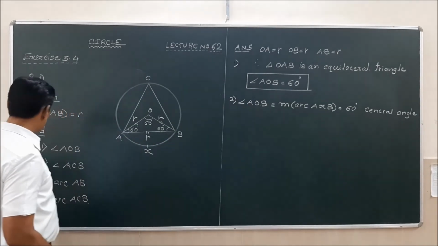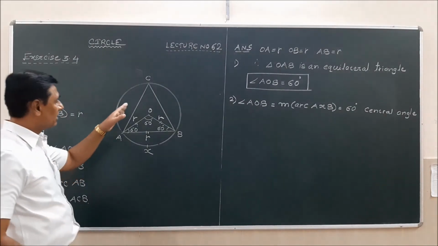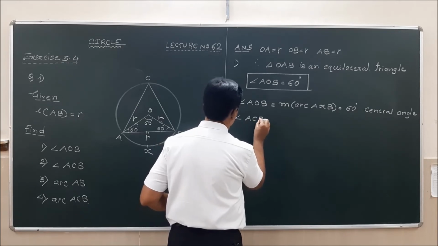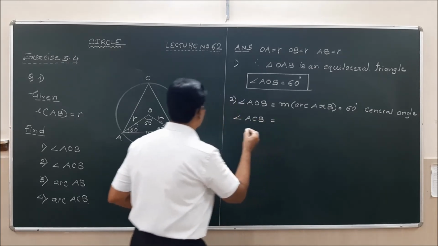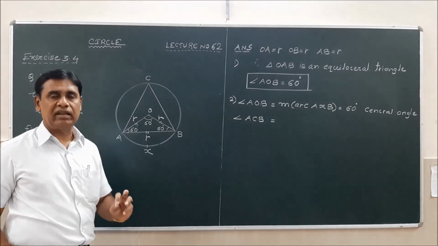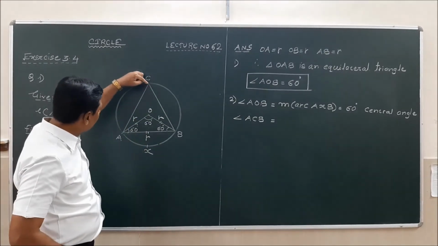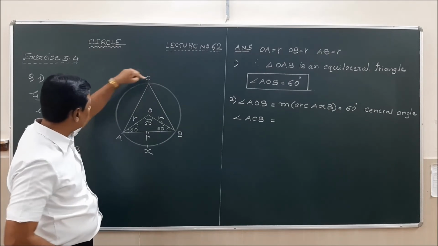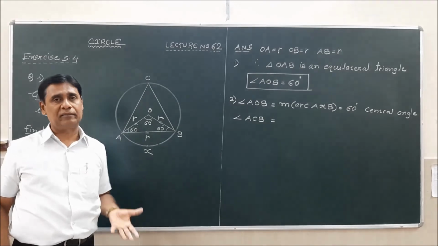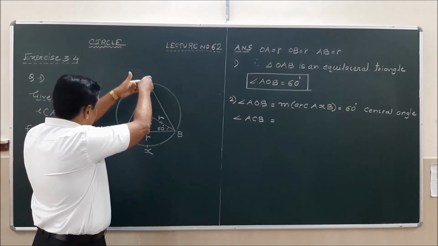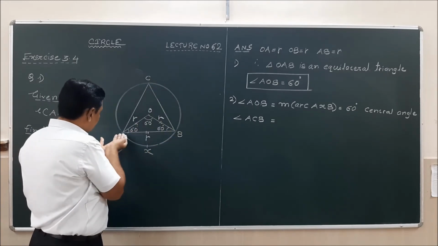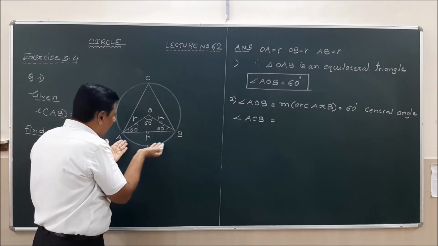Now what is the next question? Angle ACB. Now look at the angle ACB. The position of the vertex is very important for us. The vertex is on the circle, right? So this angle is called an inscribed angle, and the sides of this angle are AC as well as BC. They have intercepted arc AXB.